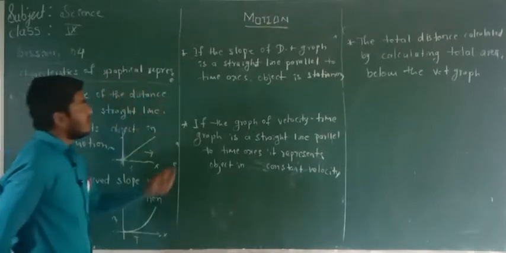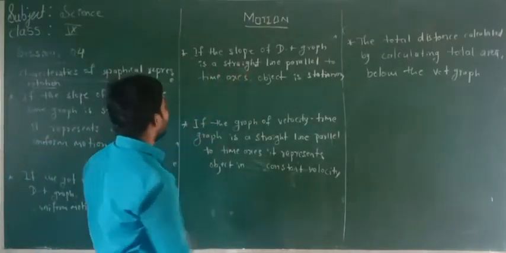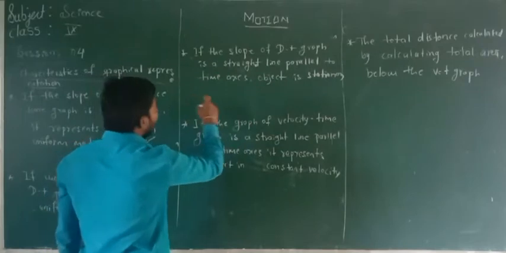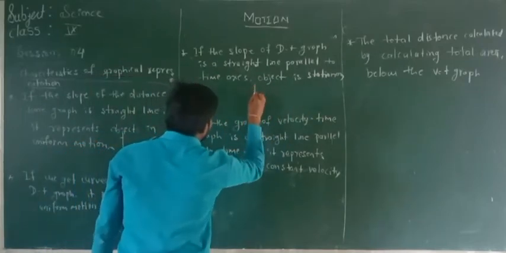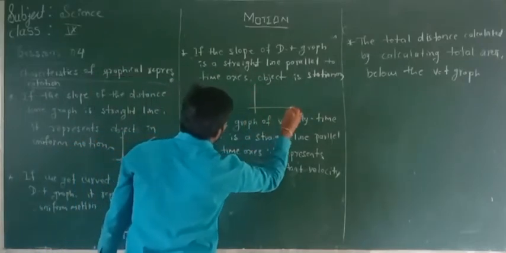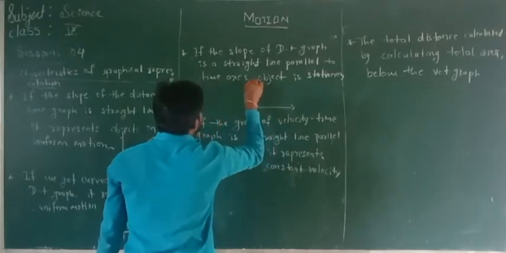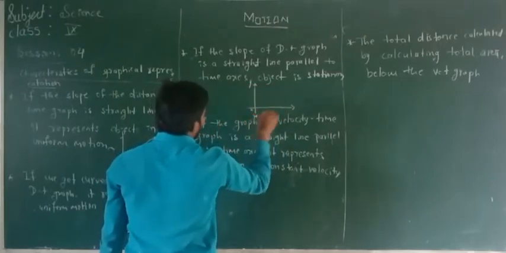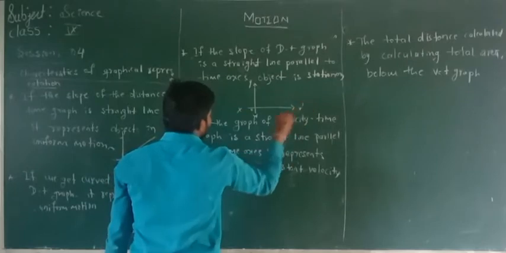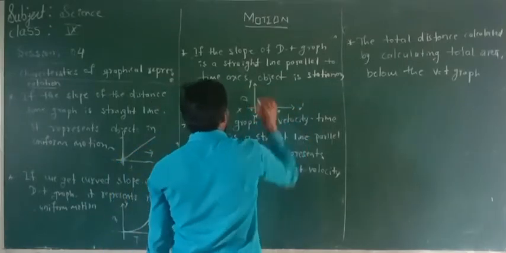Then next, if the slope of the distance time graph is a straight line parallel to the time axis, see here, I am considering one graph. This is the y-axis, this is the x-axis, this is the time axis, this is the distance axis.